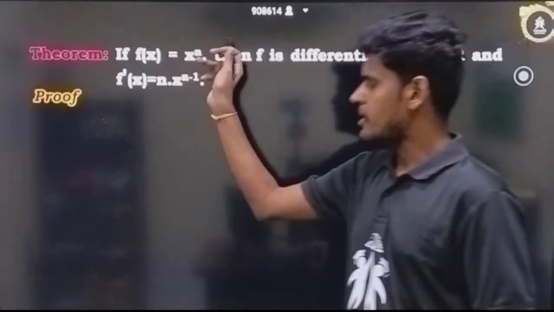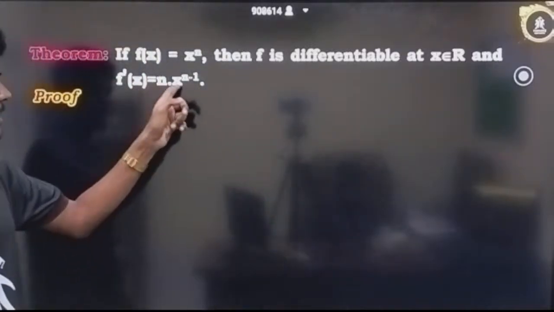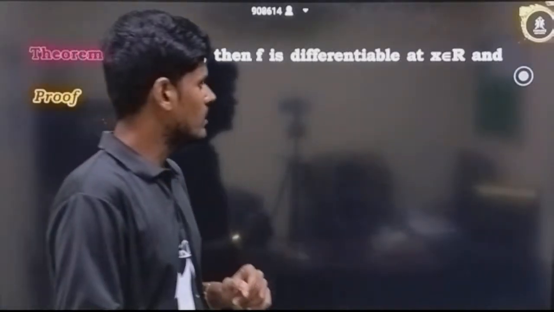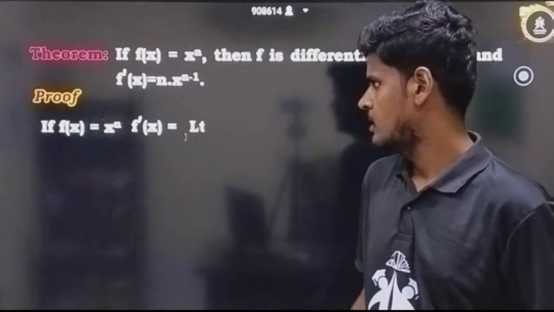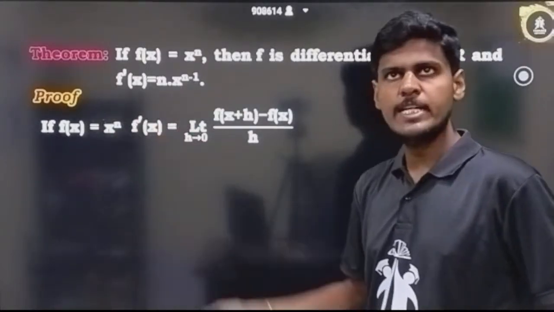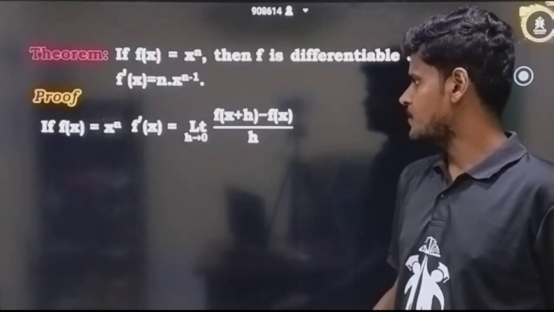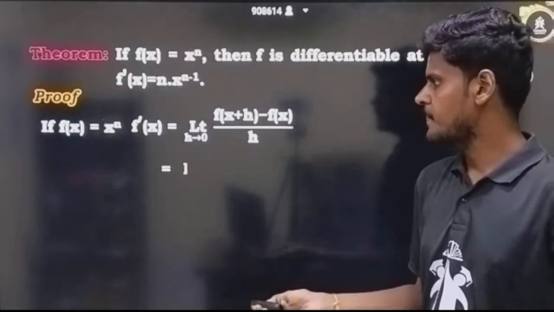Next: if f of x is equal to x power n, then its derivative is n into x power n minus 1. So if f of x is x power n, then f dash of x is given by the limit h tends to 0, f of x plus h minus f of x by h.